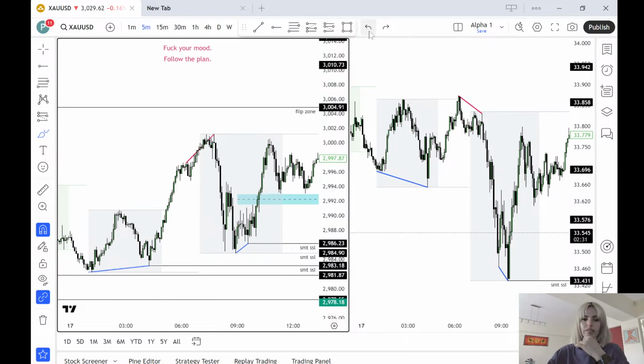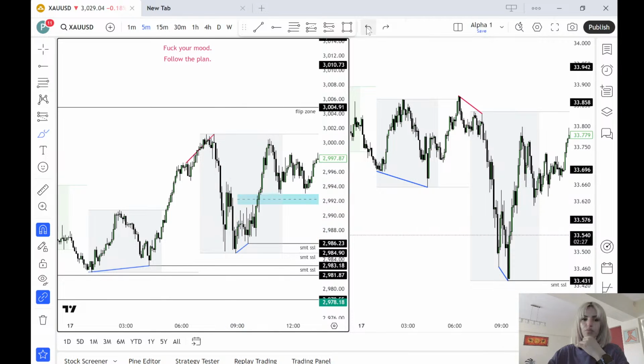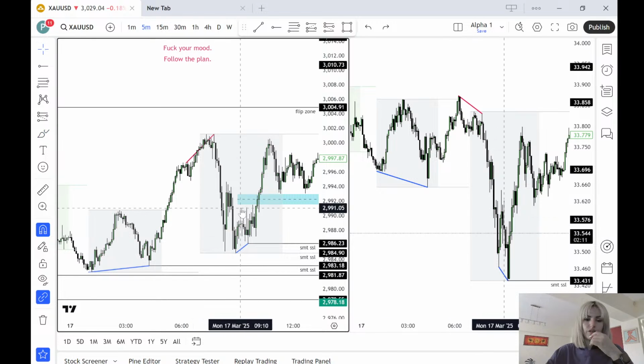Identifying whether this push to the downside is a break of structure, with smart money intending to reverse the market, or just a manipulation, comes by applying other concepts in your analysis.